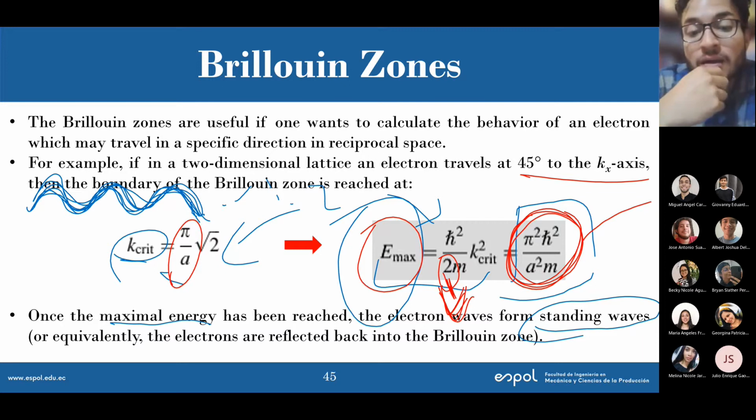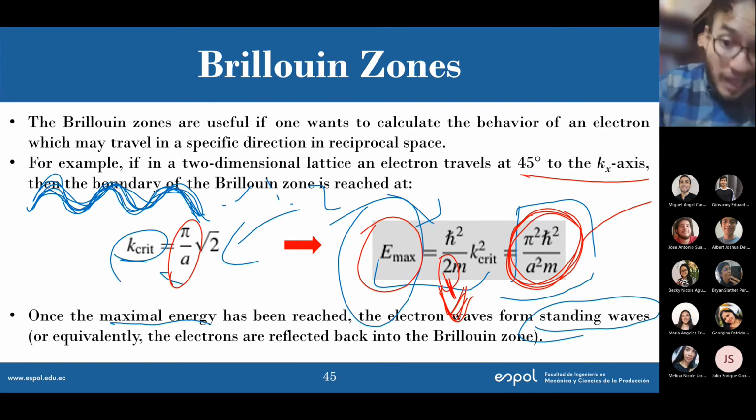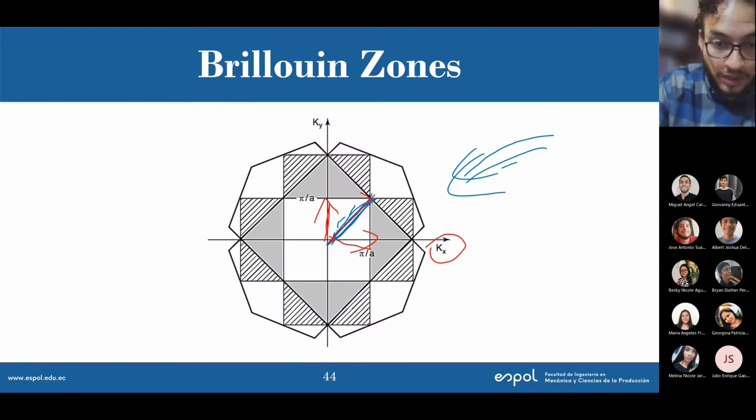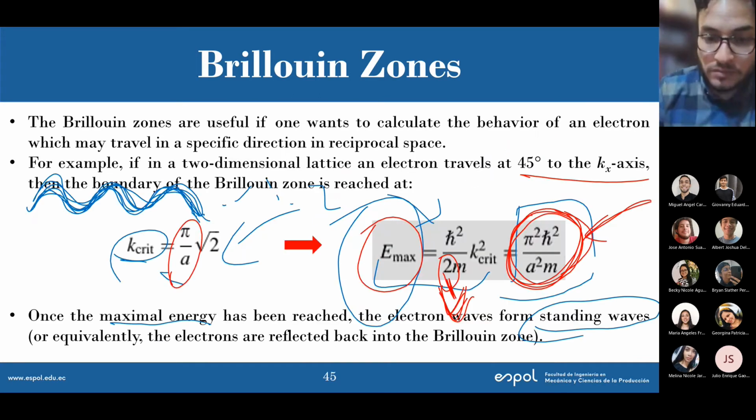So basically the maximum energy that the electron can get in that case is just half of the energy it can reach if it moves 45 degrees to the kx or the ky axis. It's just a matter of replacing values. I'm not inventing something. That's just maths, guys.